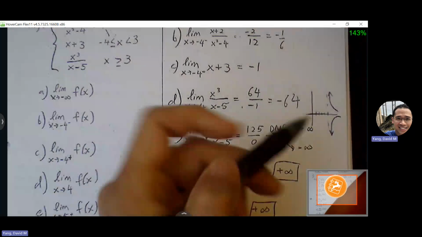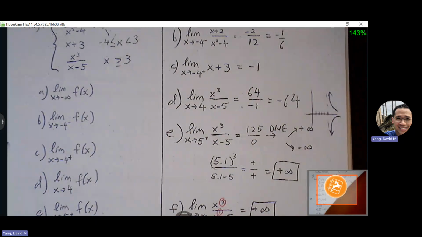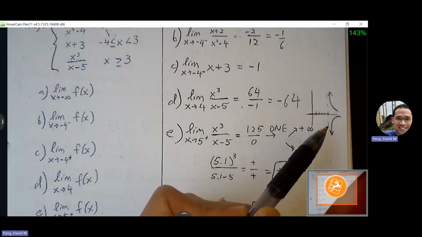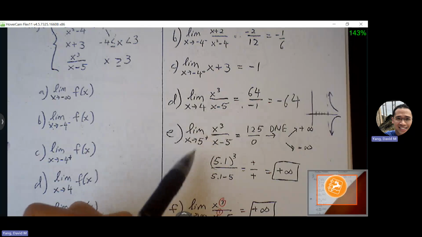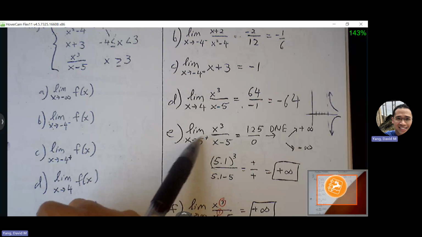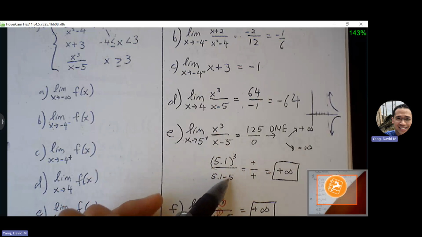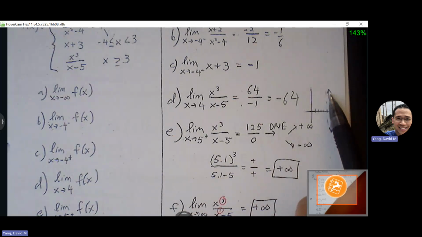And now that we're dealing with a decision between two options, the way we can test this without a calculator, without looking at ordered pairs, is to play with decimals, right? So we choose a number on the right side that we're approaching. So 5.1 in for x, 5.1 cubed is positive, 5.1 minus 5 is also positive. Positive infinity, that indicates that as we approach the asymptote, we're headed towards positive infinity.